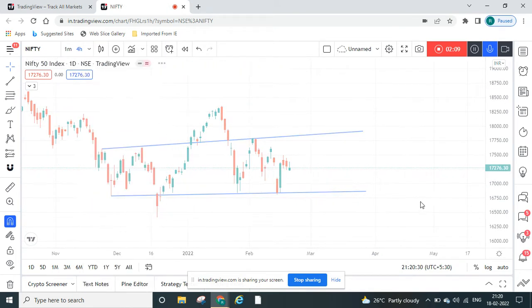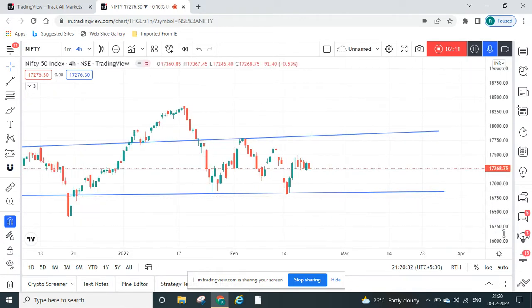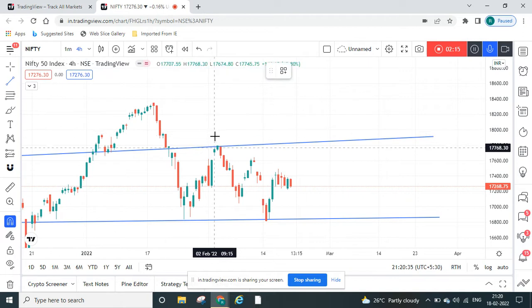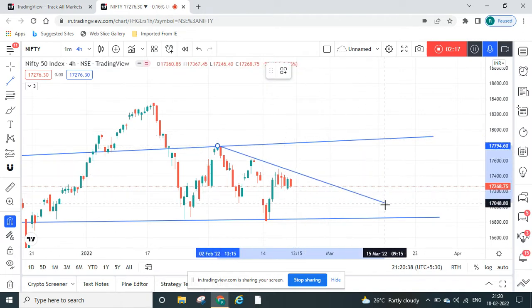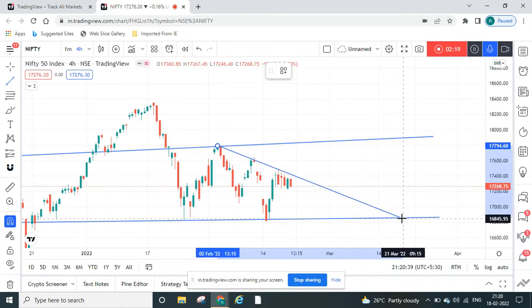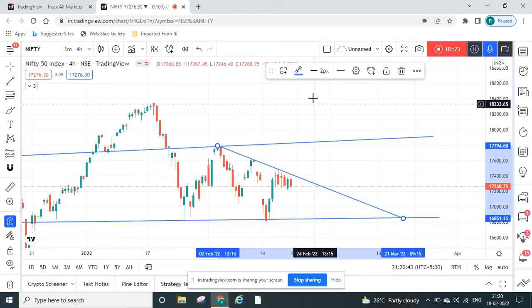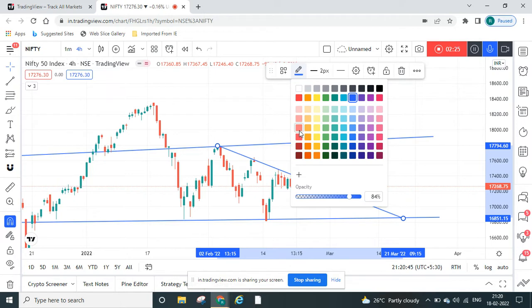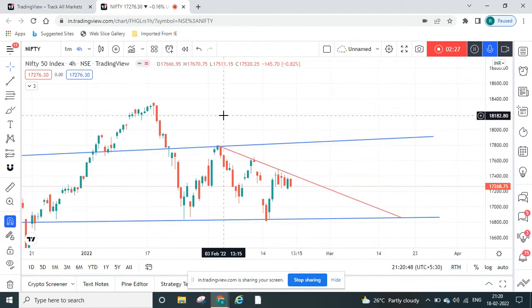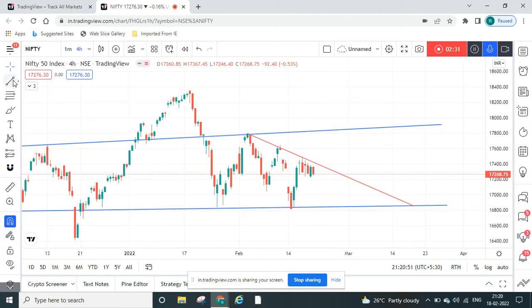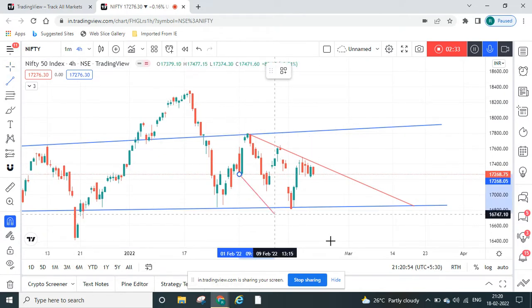Let me move on to the 4 hours time frame now. In the 4 hours time frame, the Nifty is respecting this counter trend line. I'm just going with the red color. And here we have a bottom counter trend line.